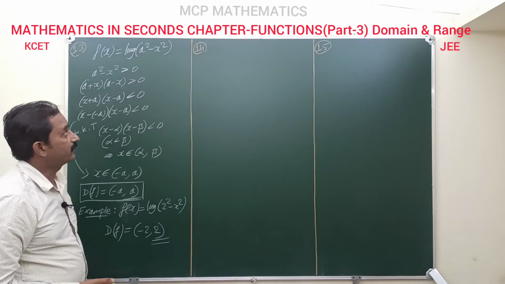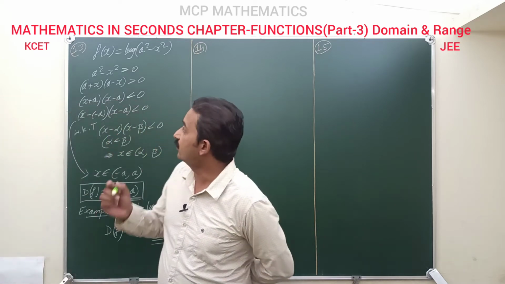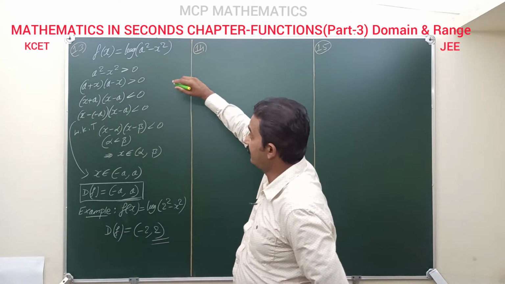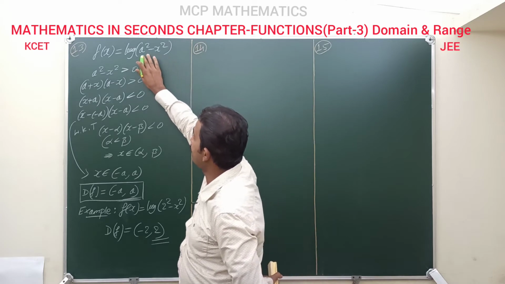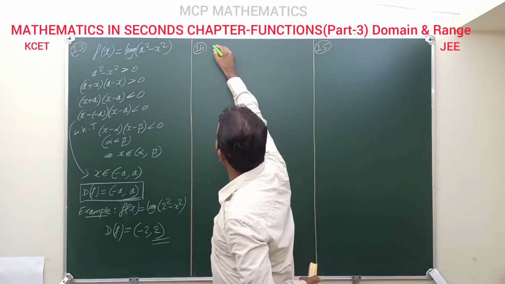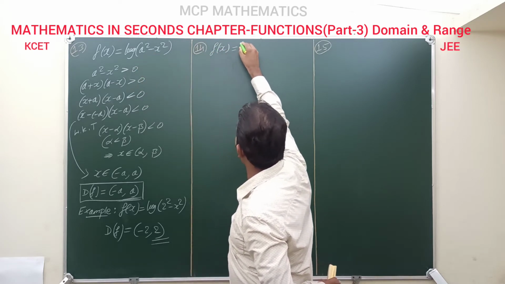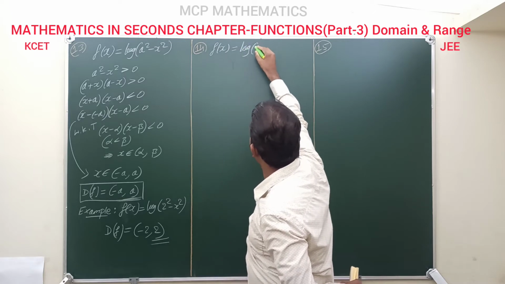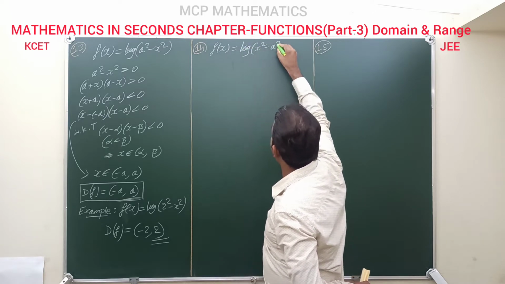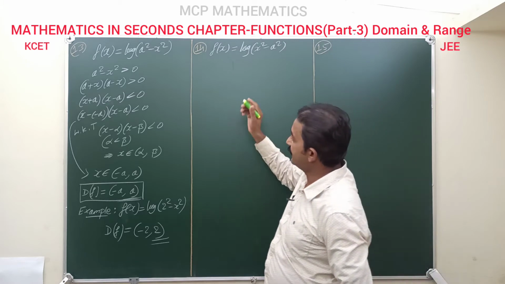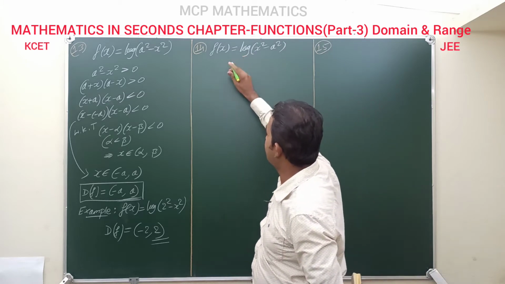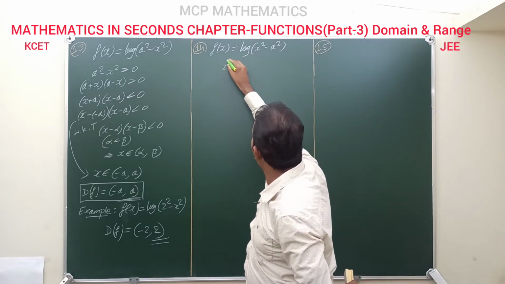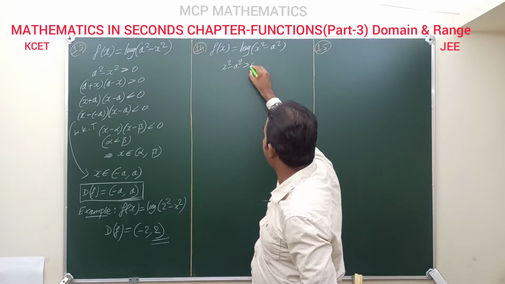Now let us move on to type 14. Type 14 belongs to the log function once again, but here there is an interchange: x square minus a square. So take f of x is equal to log of x square minus a square. Once again, the function is defined when x square minus a square is strictly greater than 0.